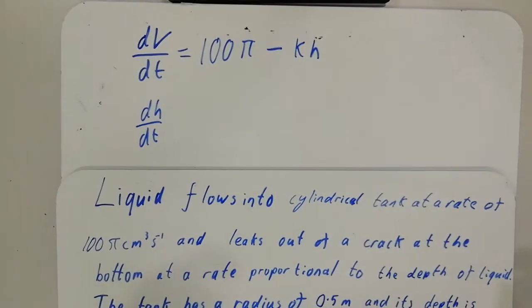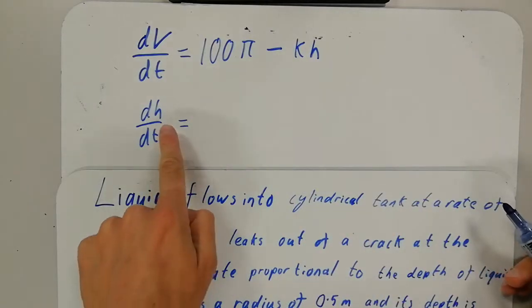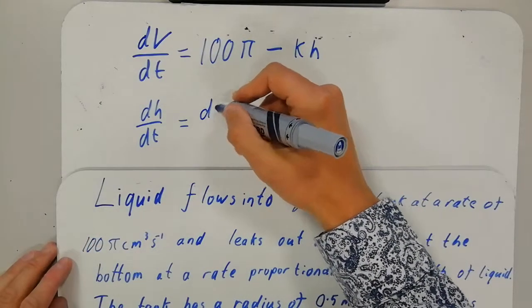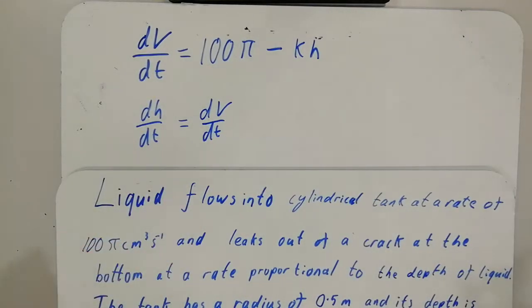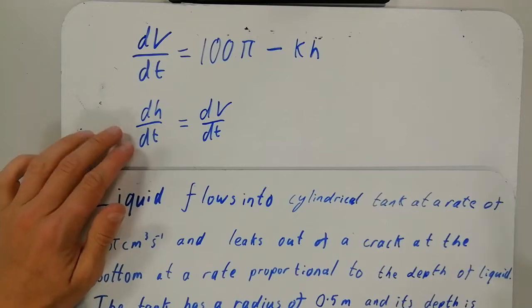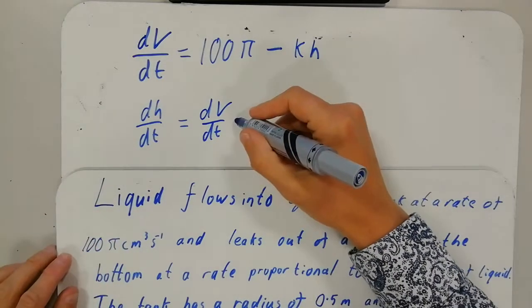I find the easiest way to actually think this through is to write down the one that I know. I know dV/dt, and it's got a dt in it, so that's probably going to be helpful. I now need to find out what dh/dt is. Again, I can use the chain rule.